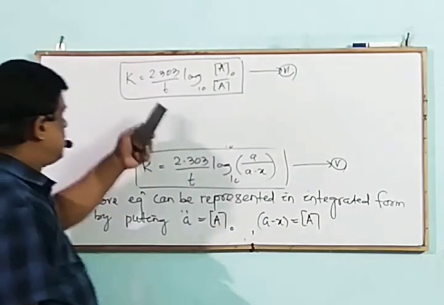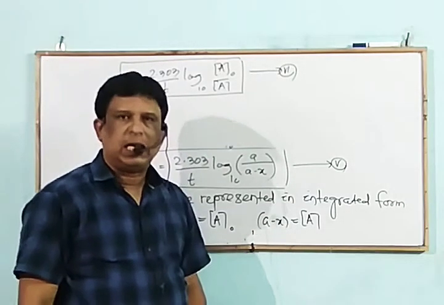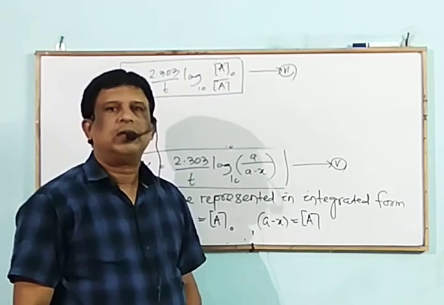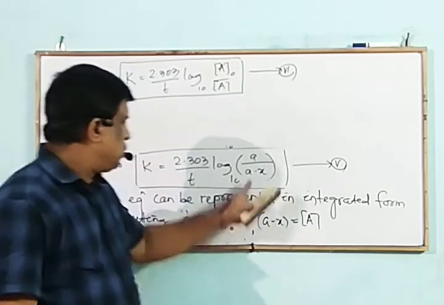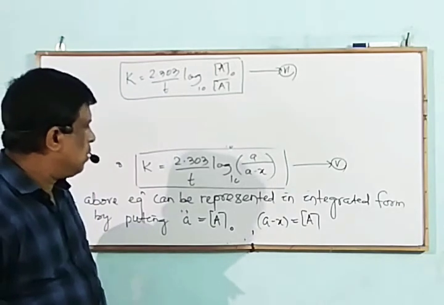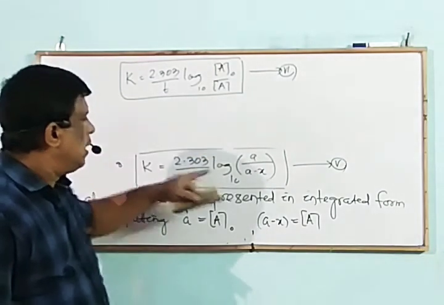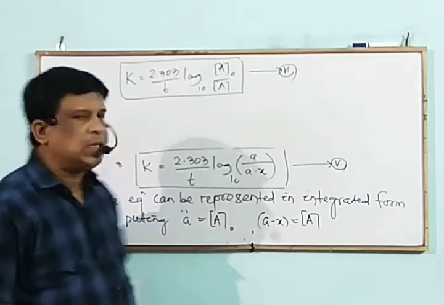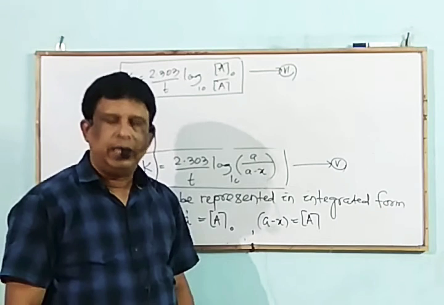This is the required mathematical expression for first order kinetics in integrated form. Equation 5 is the required expression in normal form. Equation 6 is the required expression in integrated form.